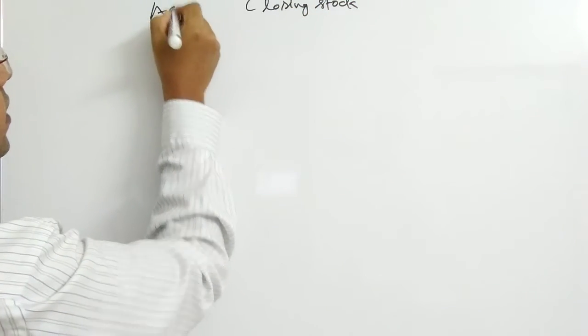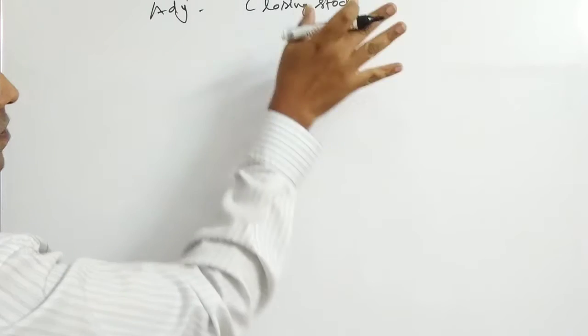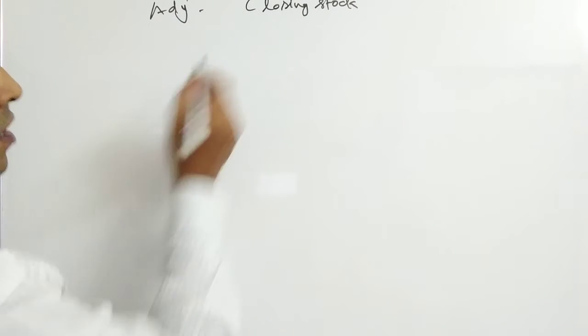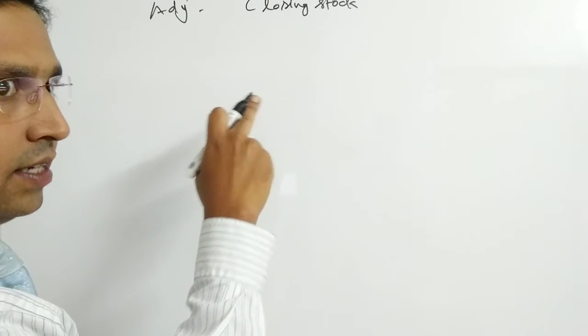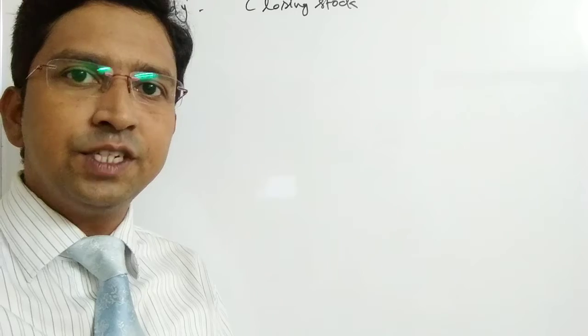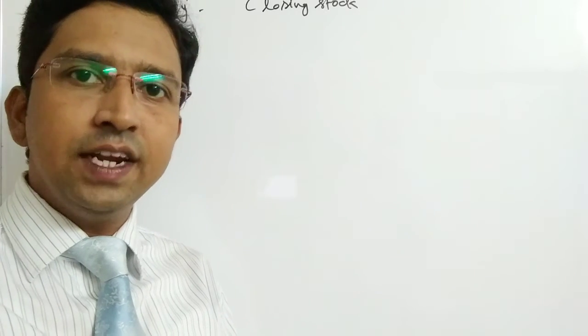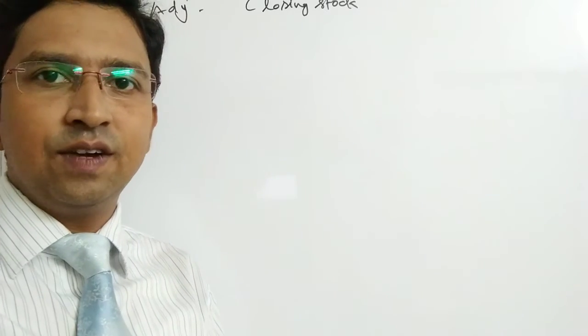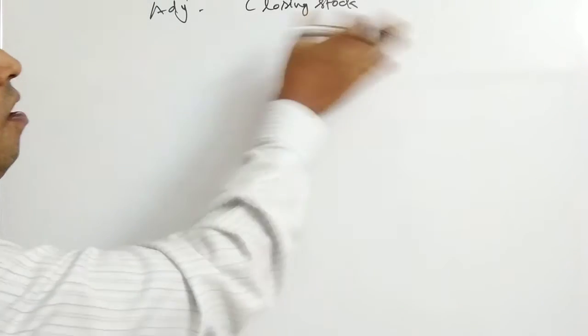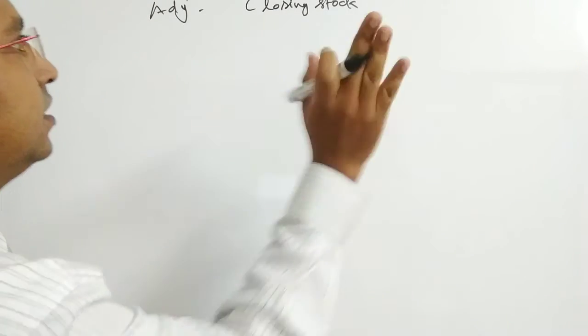If closing stock is there in the adjustments, that is, outside of the trial balance, we have to record the adjustment journal entry. The adjustment journal entries are the journal entries which are omitted, which we do not find in the already closed ledger accounts, which we have discussed already. So we have to record it through the adjustment journal entry.